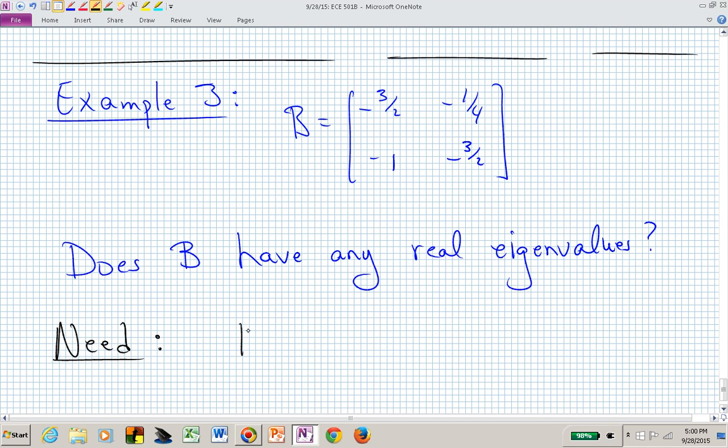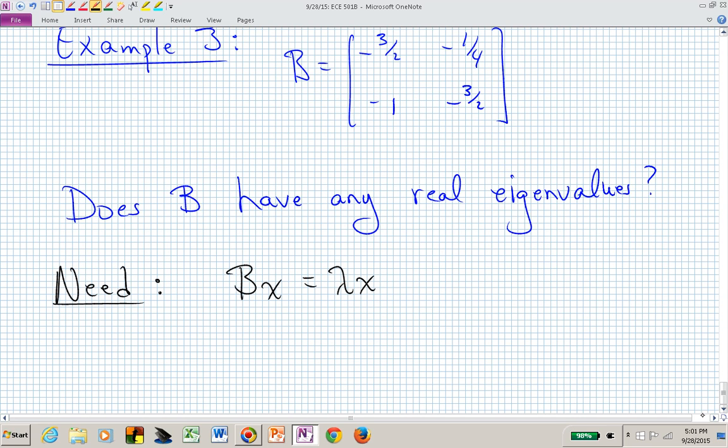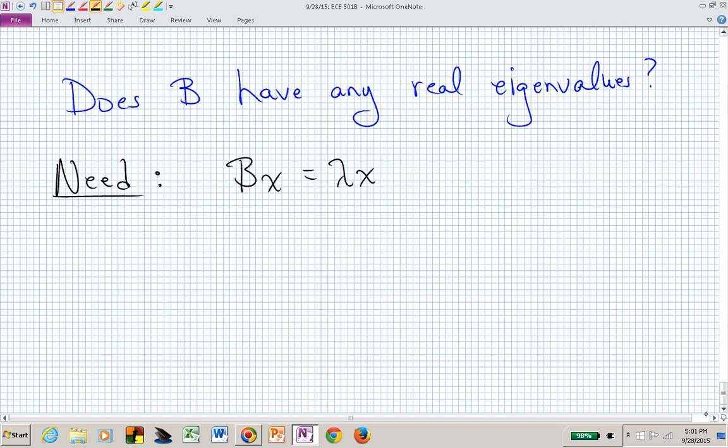It needs to be such that we can find a vector x, which when operated on by B, leaves us in that same subspace or in that same direction, just scaled. We need Bx is equal to lambda x. Let's see if we can now find such x and lambda.